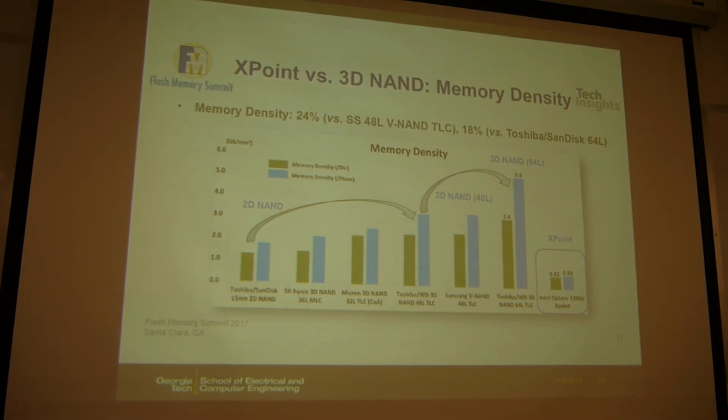That means you have to fabricate the first layer using one lithography, and then fabricate the second layer using another lithography. So it's not like the 3D NAND, it's worse than the 3D NAND. From the density point of view, you see that it's between the DRAM and the 3D NAND.